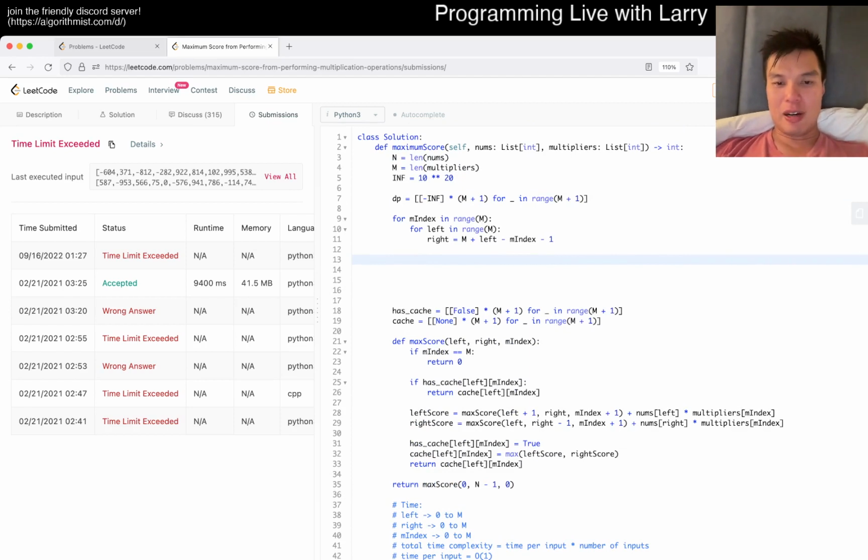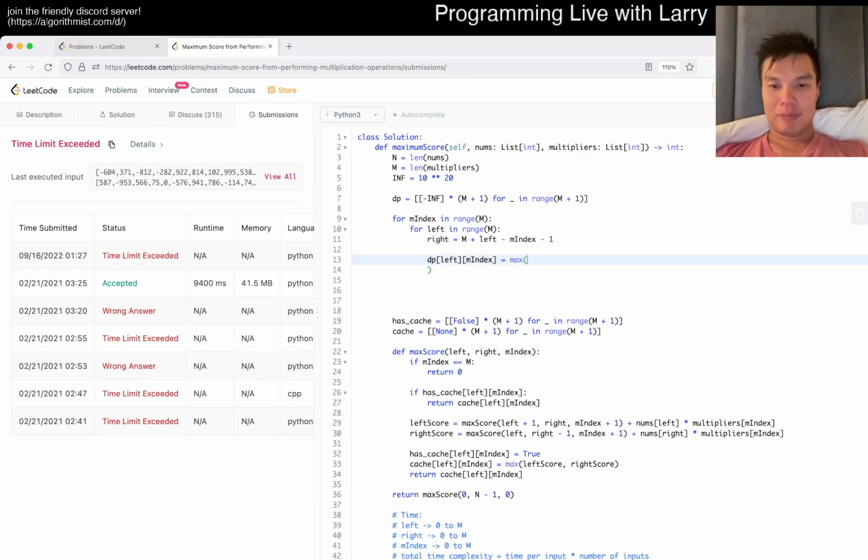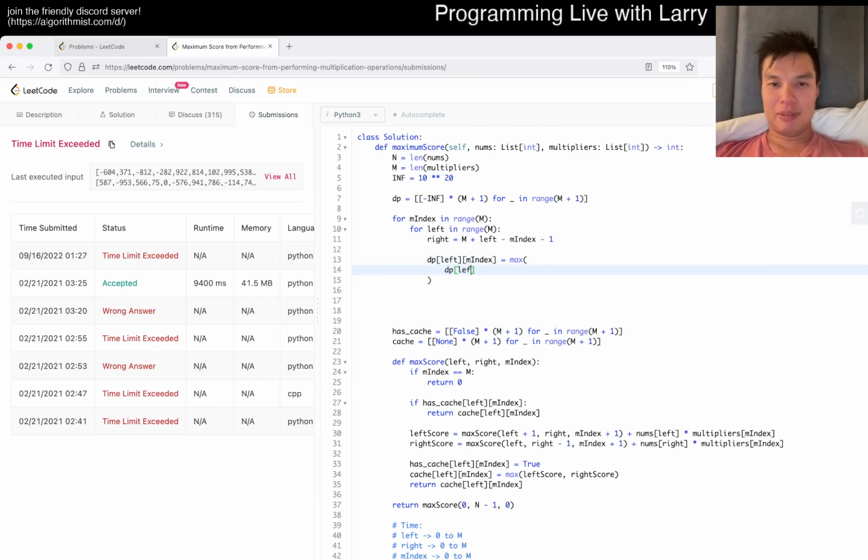And then now dp of left, m index, right, is equal to max of dp left plus 1. Well, this was going the other way, so oops.